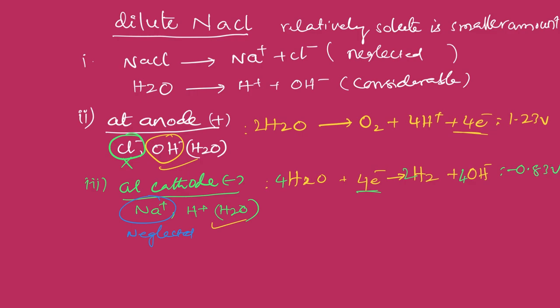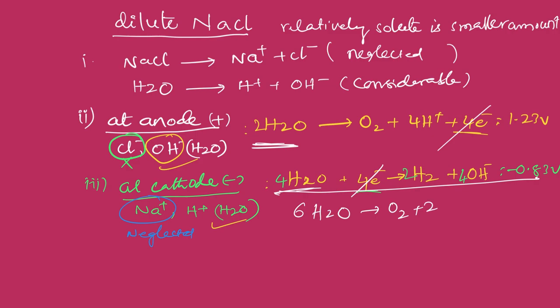Now the net reaction is this: the 4 electrons cancel, and here total 2H2O plus 4H2O, total 6H2O. This will be converted into O2 plus 2H2, and this 4H plus and 4OH minus combine to form 4H2O.